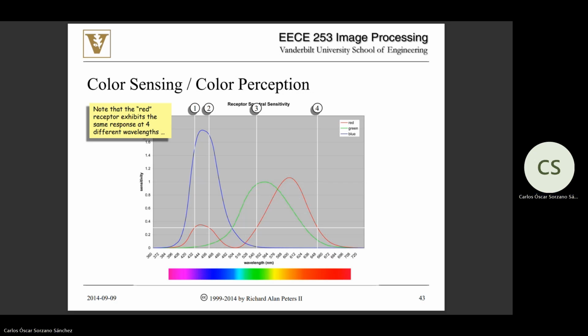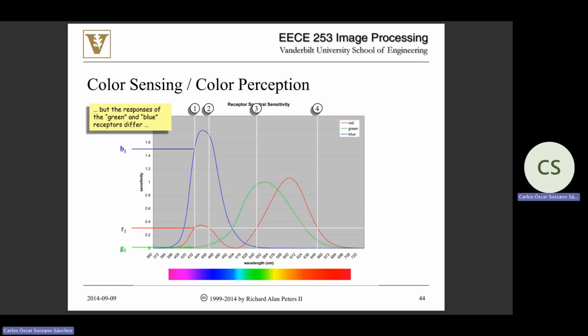So the brain sees, okay, there is a red cone firing at this rate. It is not too much, it can be higher, but it is at this level. So how does the brain know which color you're looking at? Because there are four colors for which the firing rate is the same. Just looking at that cell, you don't know which one of those colors it is.